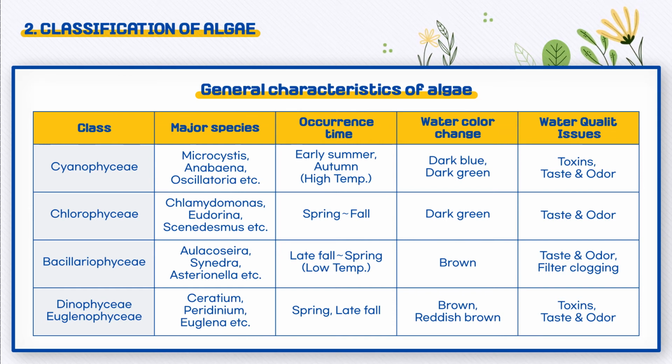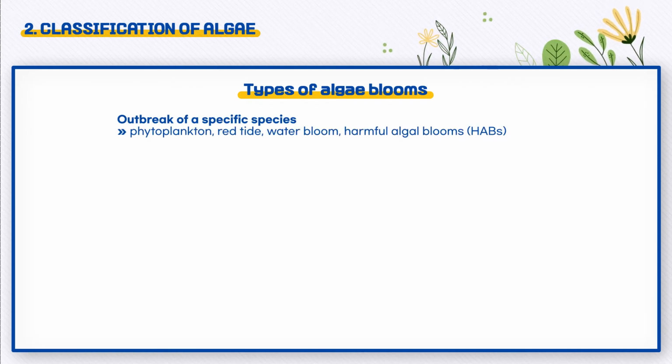In relation to the major species, occurrence time, and water color change of each class, water quality issues that occur such as toxins, taste and odor, and filter clogging will vary. Various types of algae being formed and inhabiting an ecosystem is generally considered the ideal state of a healthy ecosystem.